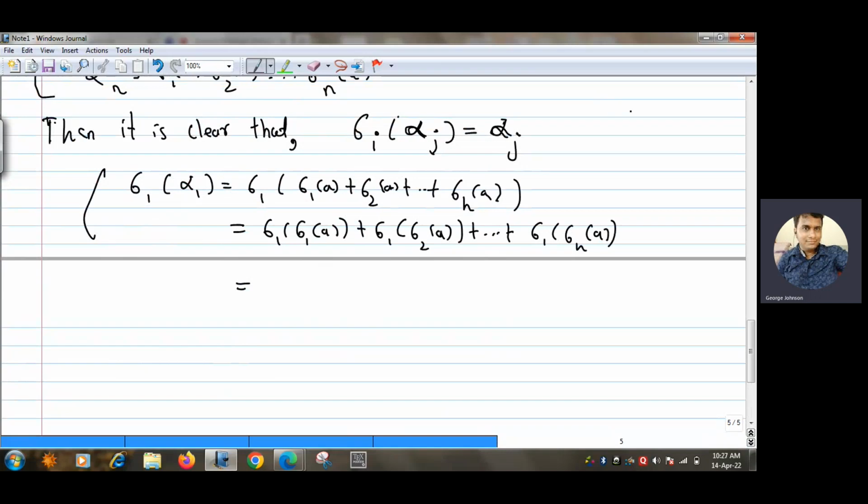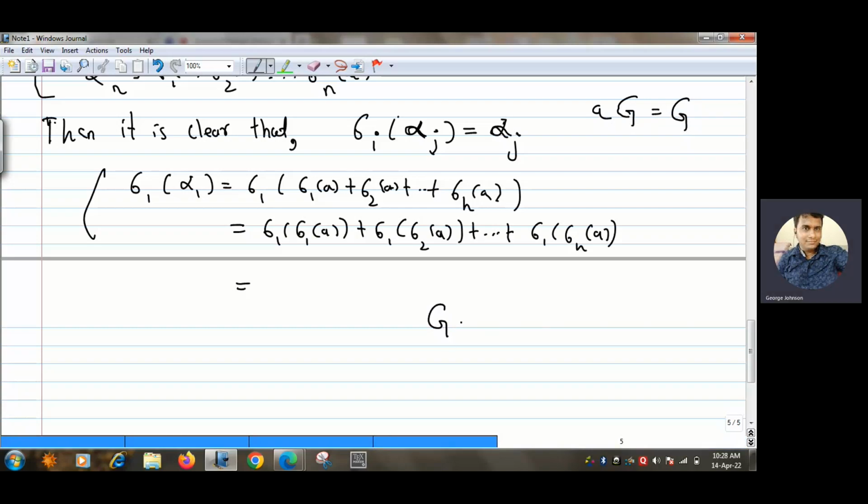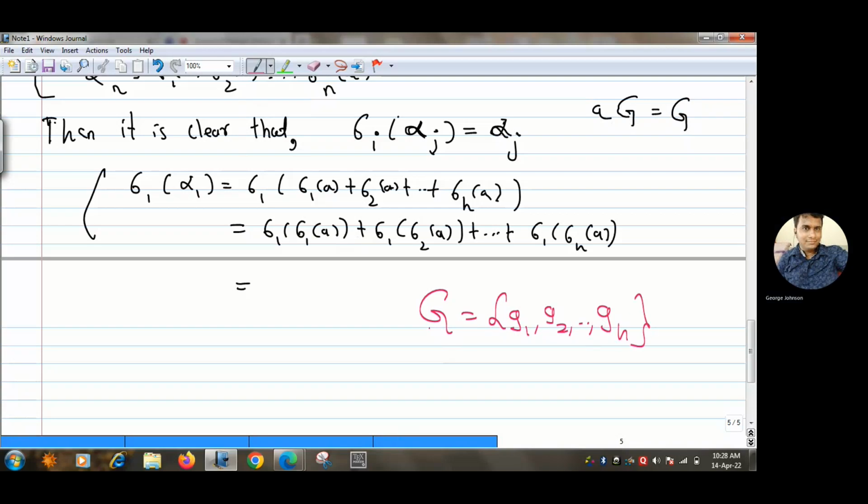Now, because we have proved that for a finite group G, aG is nothing but G, to explain this, suppose the group elements are of this form. G is equal to {g1, g2, and so on up to gh}.